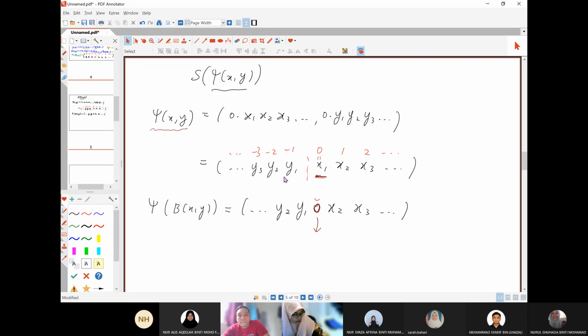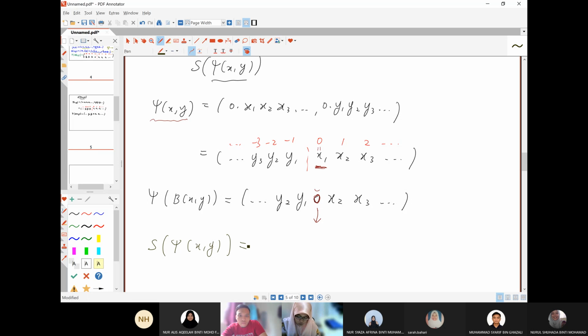So, okay, so what can you write? So for the S, so the S here, you can write it as S of this. Okay, it's like we shift this to the left. Apa maksud shift?